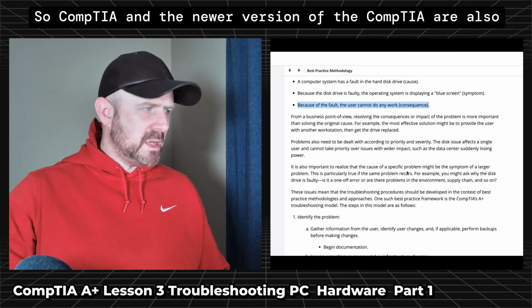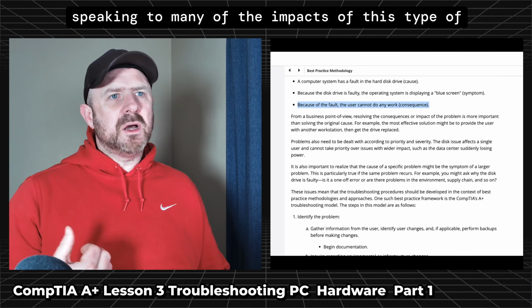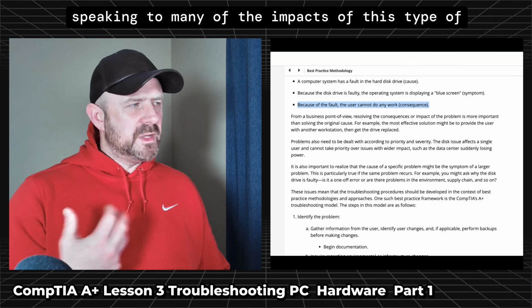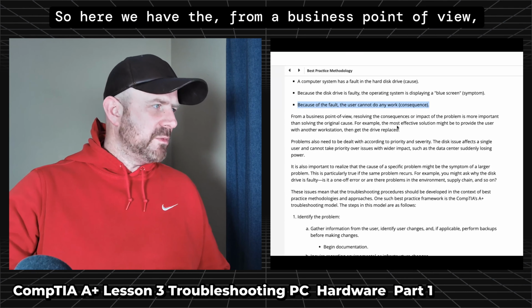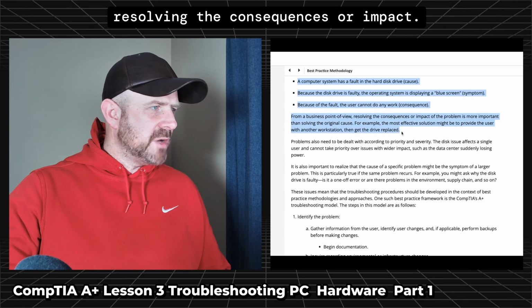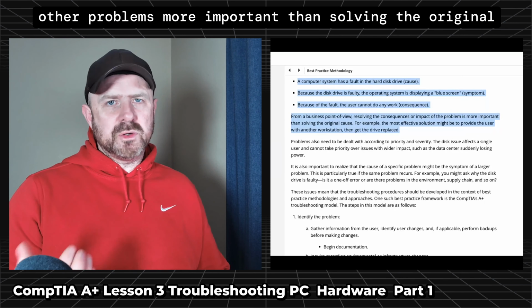So CompTIA A+ and the newer version of the CompTIA A+ are also speaking to many of the impacts of this type of troubleshooting on business and business environments. From a business point of view, resolving the consequences or impact of the problem is more important than solving the original cause.